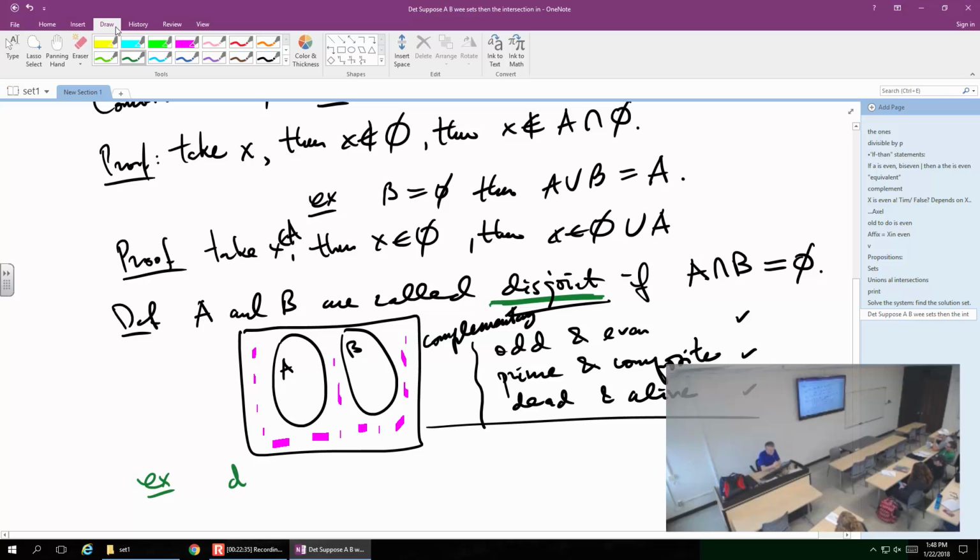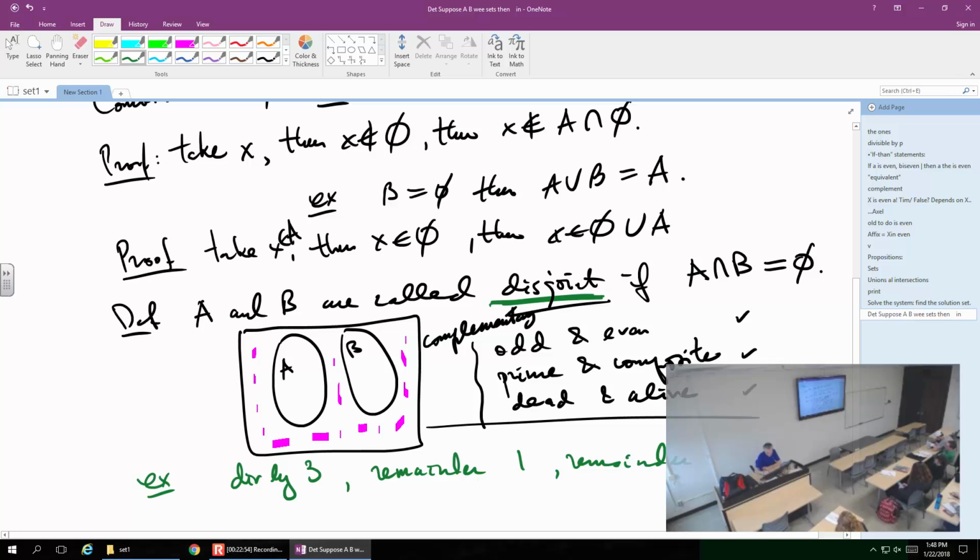What should I pick? Divisible by 3, and remainder 1, remainder 2.